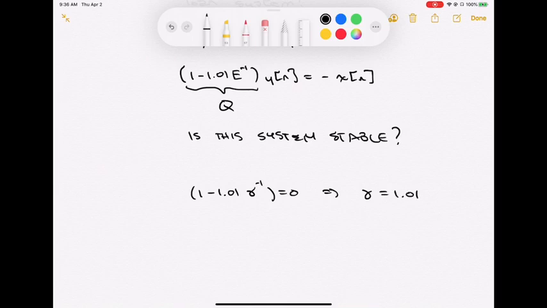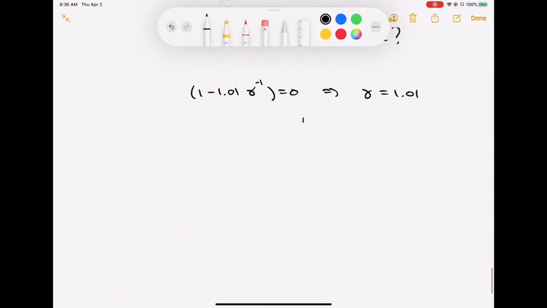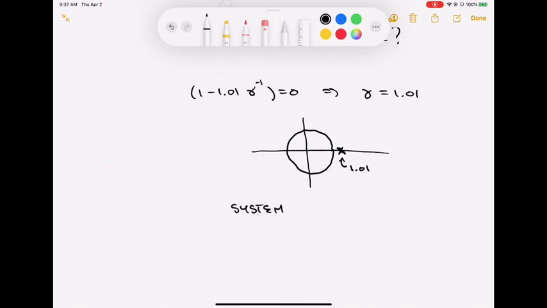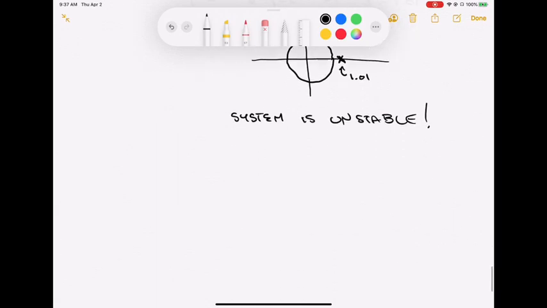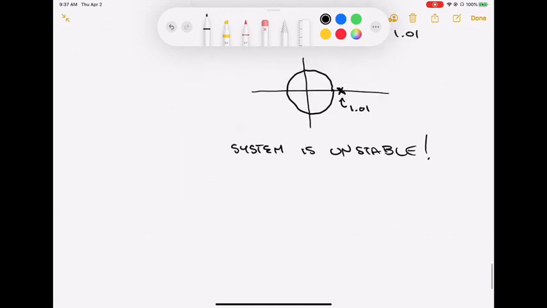If I put this into the z-plane, with the unit circle for reference, I see that my root is just a little outside the unit circle, at a location 1.01. So we know the rules for stability. This system is unstable. It's a useful finance system, but it's absolutely unstable.